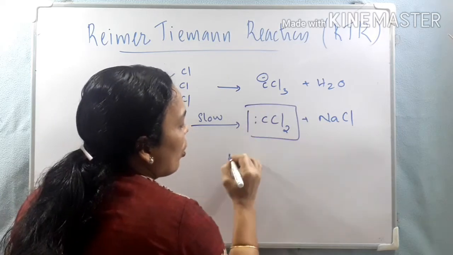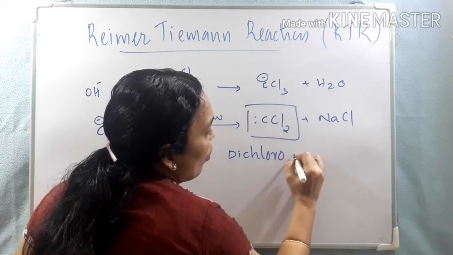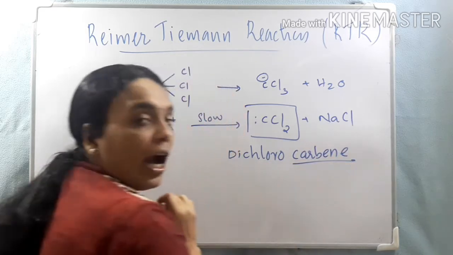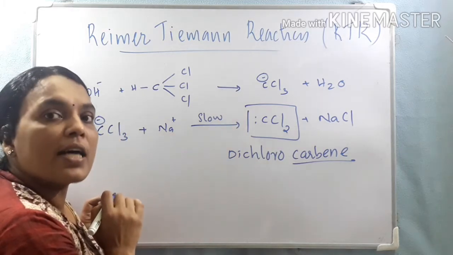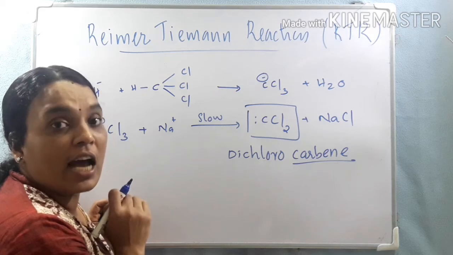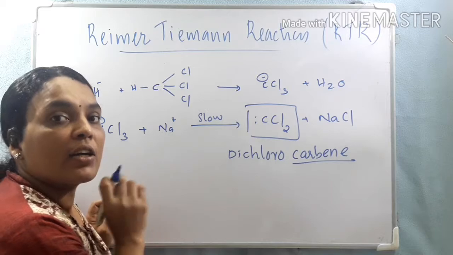This is called dichlorocarbene. Hope you heard about carbenes. Carbenes are reaction intermediates. There is no charge. They are chargeless reaction intermediates. They are electrophiles.